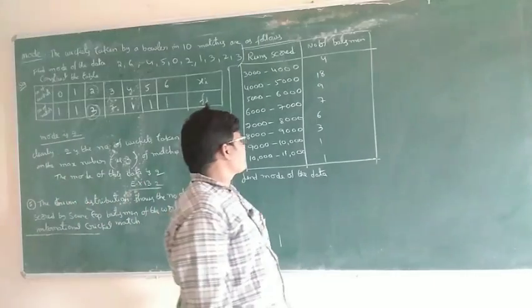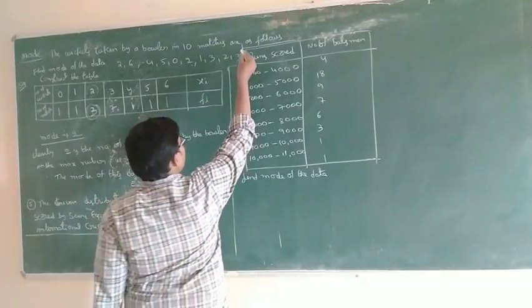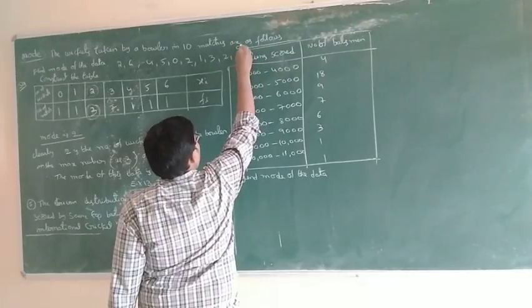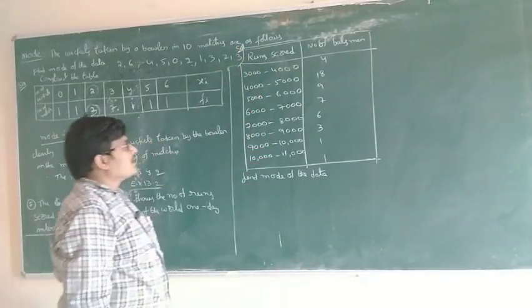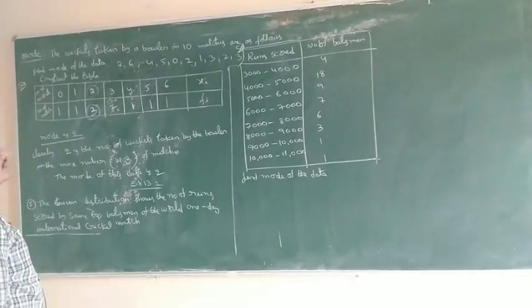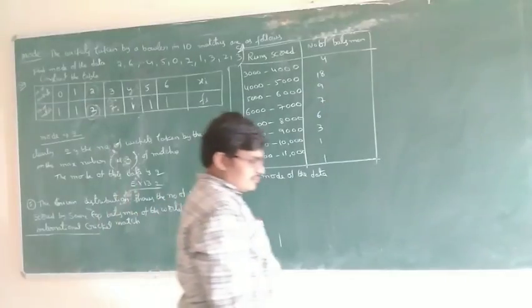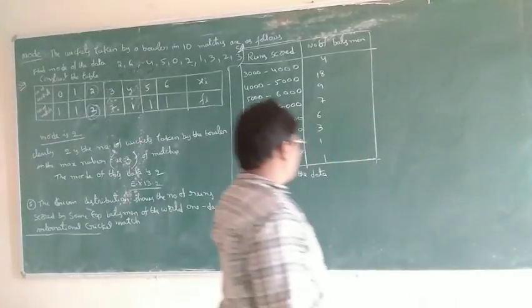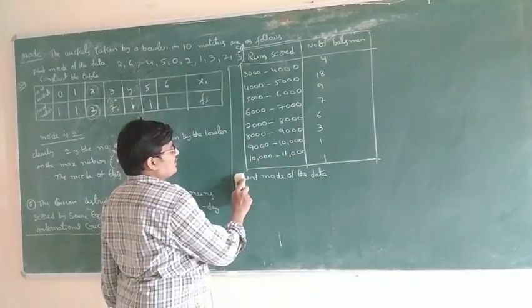So this is the solution. Construct the table once again. What we have to find out is the mode of the data.